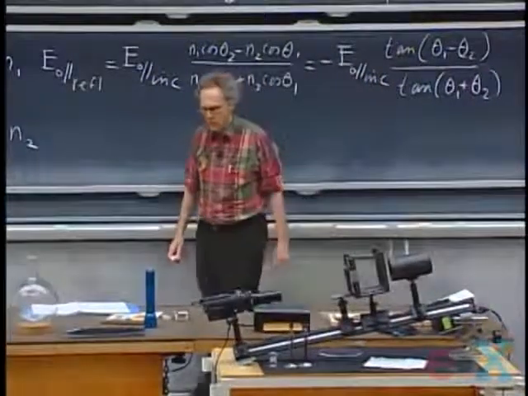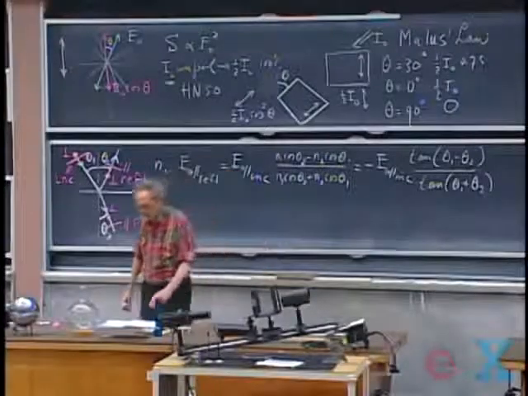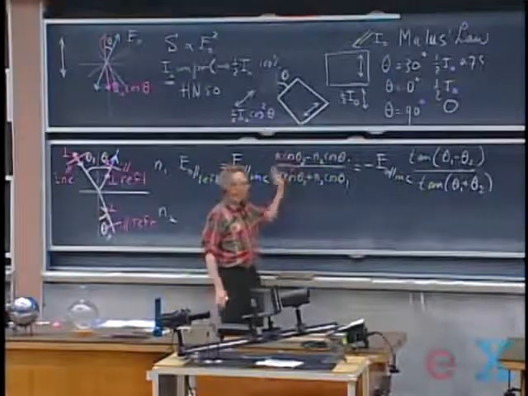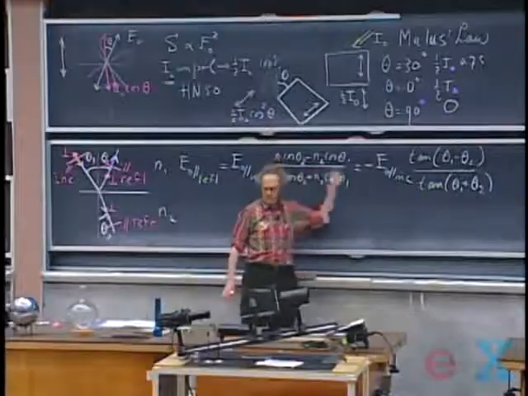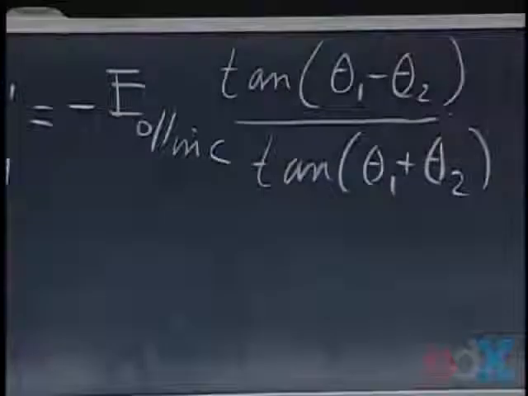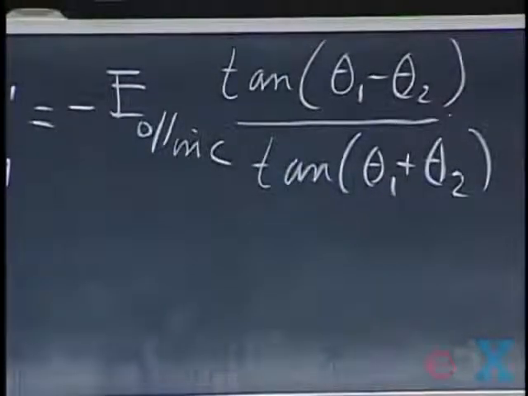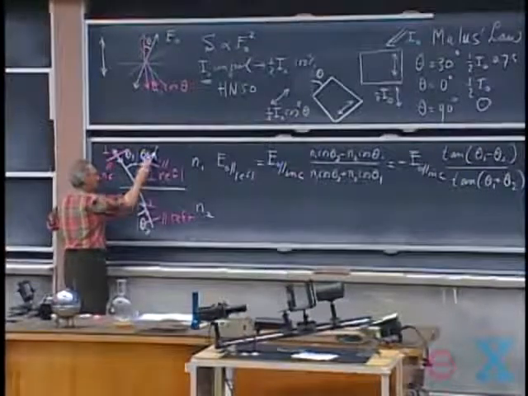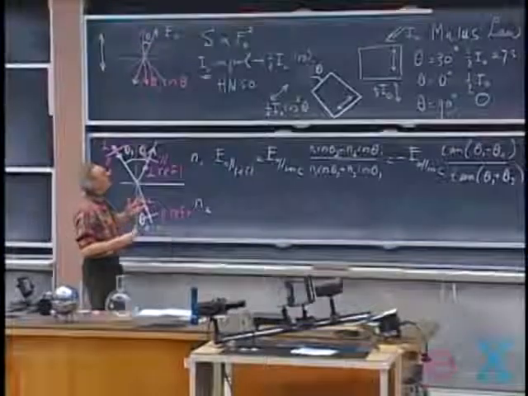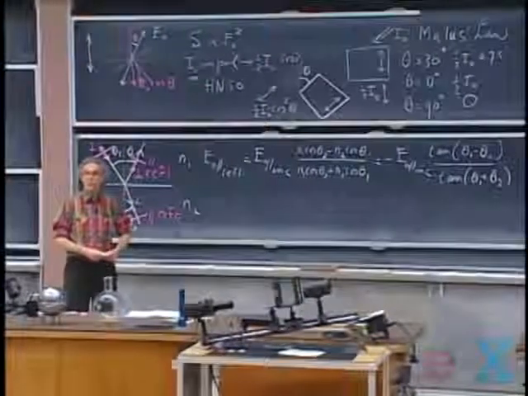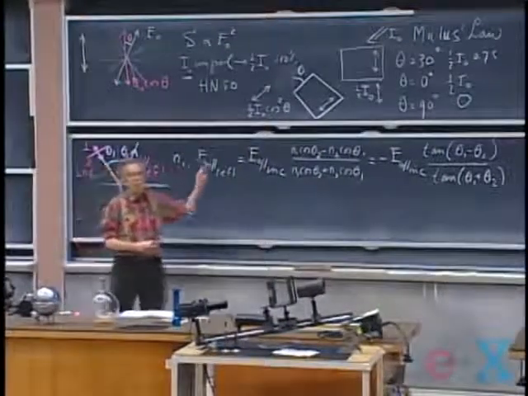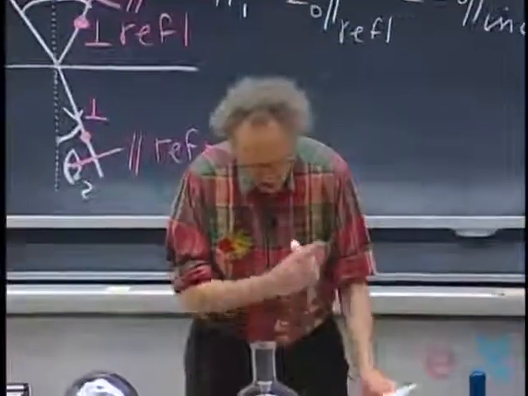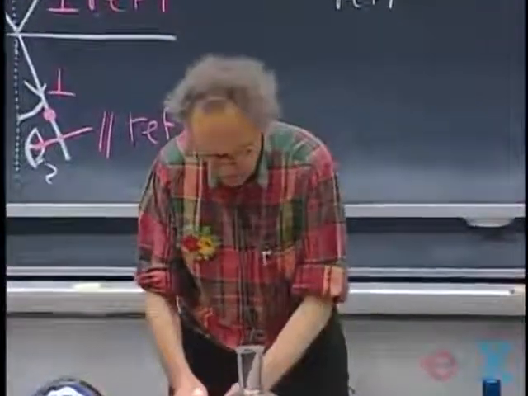That may not be obvious to you, certainly not obvious to me either, but if you substitute Snell's law in here, you can show that these two are the same. Keep in mind, if you're ever interested in the intensity of this light, then you must always remember that the Poynting vector is proportional to E0 squared. So you always have to square these numbers when you're interested in light intensity. This is just the strength of the E vector.